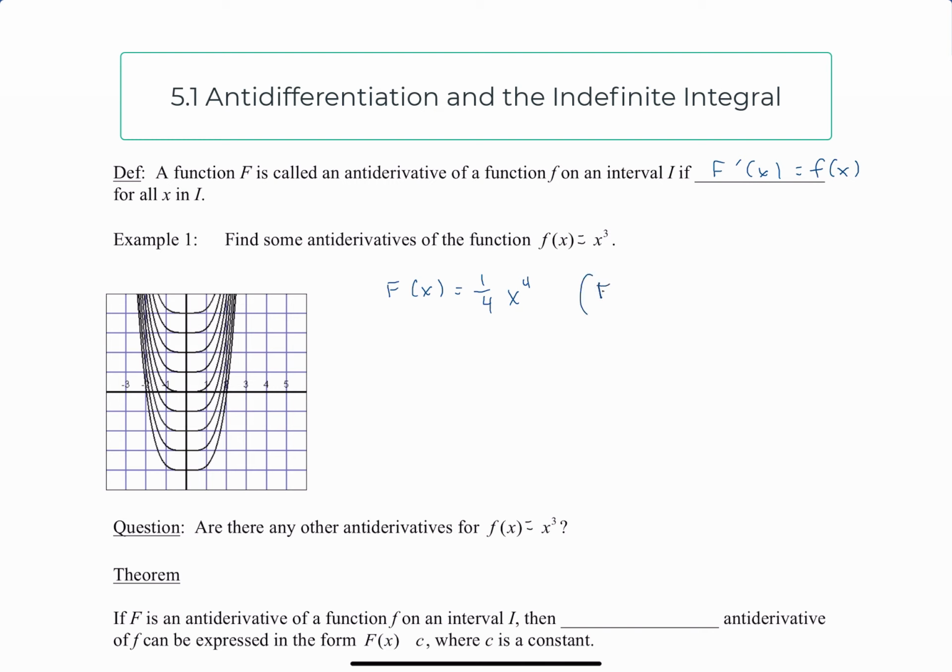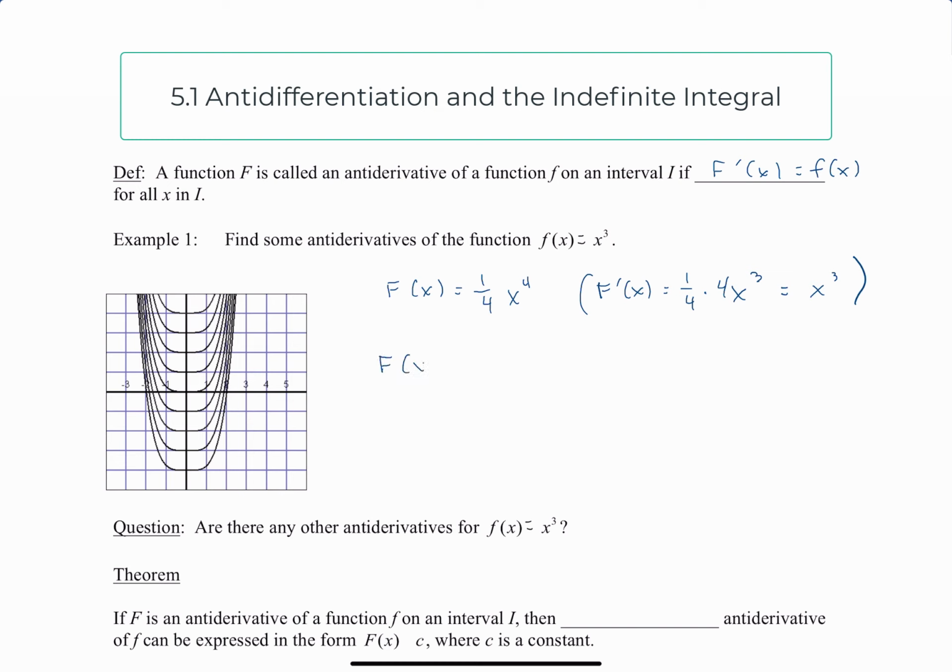Because if I differentiate 1/4 x to the fourth, I get 1/4 times 4x cubed, which is x cubed. So 1/4 x to the fourth is an antiderivative of x cubed. So we're going the other direction here. But notice that's not the only one.